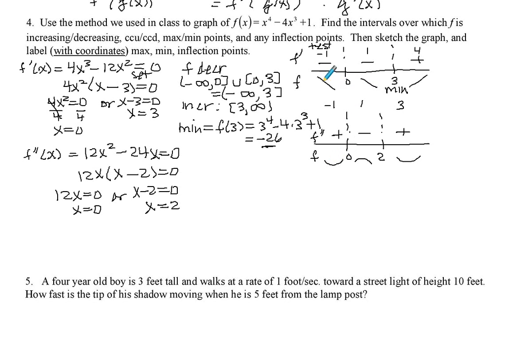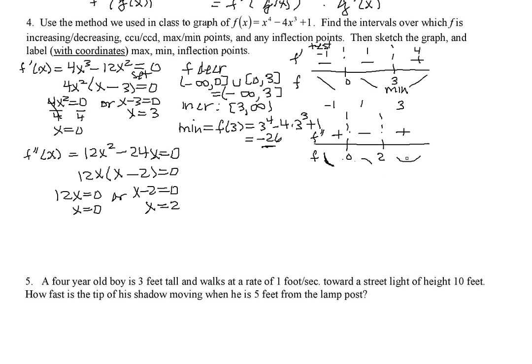We look up above, it's decreasing. So decreasing concave up is going to look like this. So it's the left half of that. And then this is concave down. We look up above, it's still decreasing. So that is going to be decreasing concave down like that.